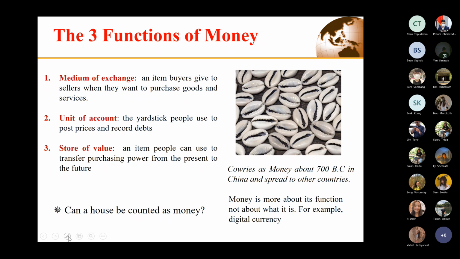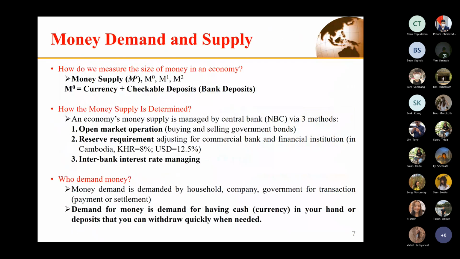Okay. And we also discussed the measurement of money. We learned that in order to measure the money in the whole economy, we use the money supply, and M0, which can be measured by adding the currency in the hands of the public plus the deposits at the bank.